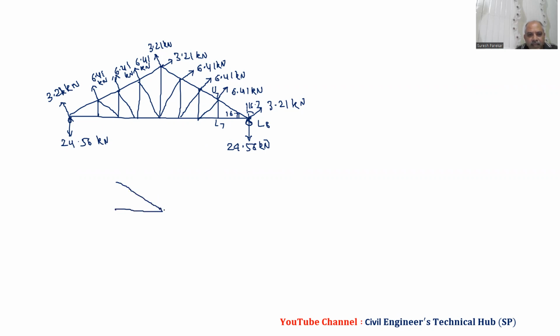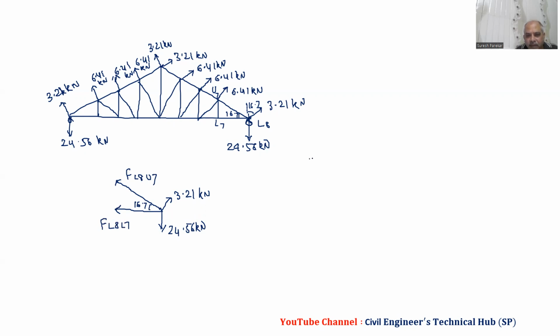We have this 3.21 kilonewtons, vertical 24.56 kilonewtons, this is 16.7, and we have FL8U7 and FL8L7.